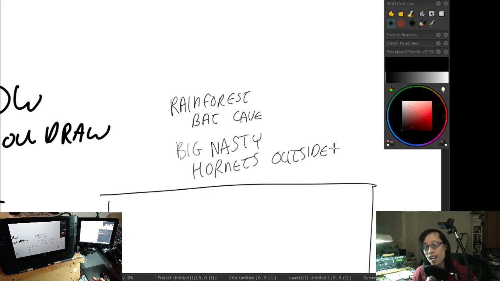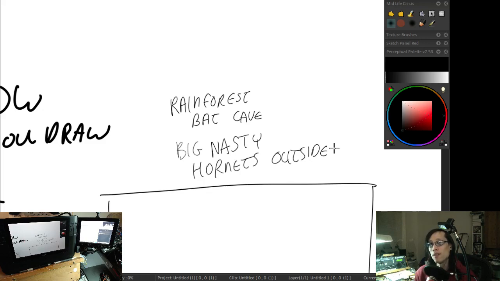The bats of this rainforest bat cave, their primary diet is the big nasty hornets outside. So the rainforest bat cave is the only safe place around for a good long while. It smells, and the bats are grody, gross things, but you know what? They eat the hornets. They take care of the hornets.